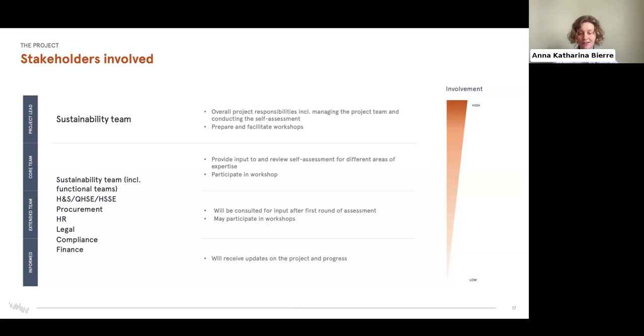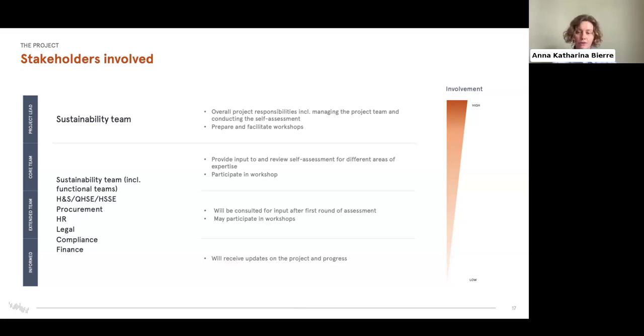But while, of course, sustainability is the driver of this, a successful implementation really depends on broad engagement, also because of the nature of due diligence, which really needs to be embedded into the organization. So we had a range of functions, and some of those are, of course, additional colleagues within the sustainability team, and maybe some functional teams: health and safety, procurement, HR, legal and compliance, and finance.